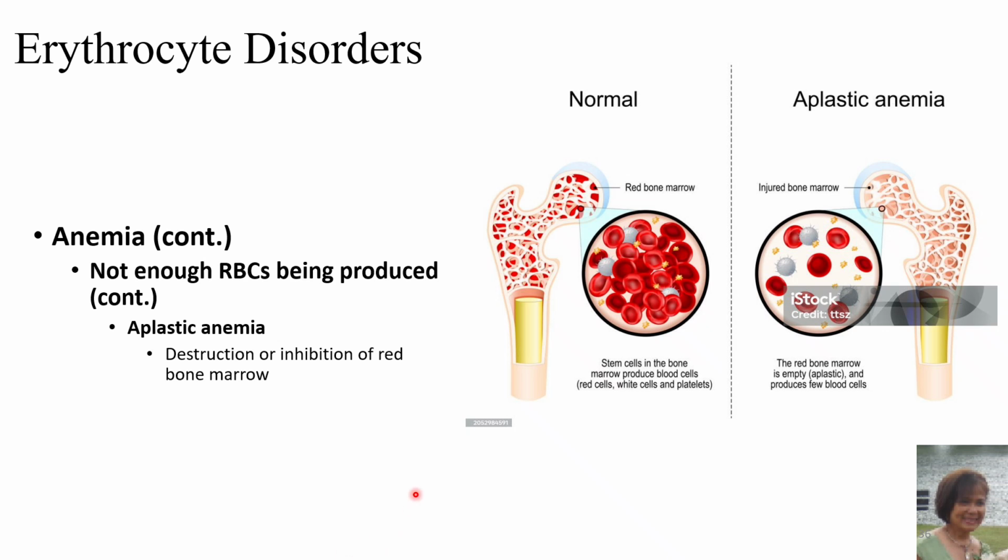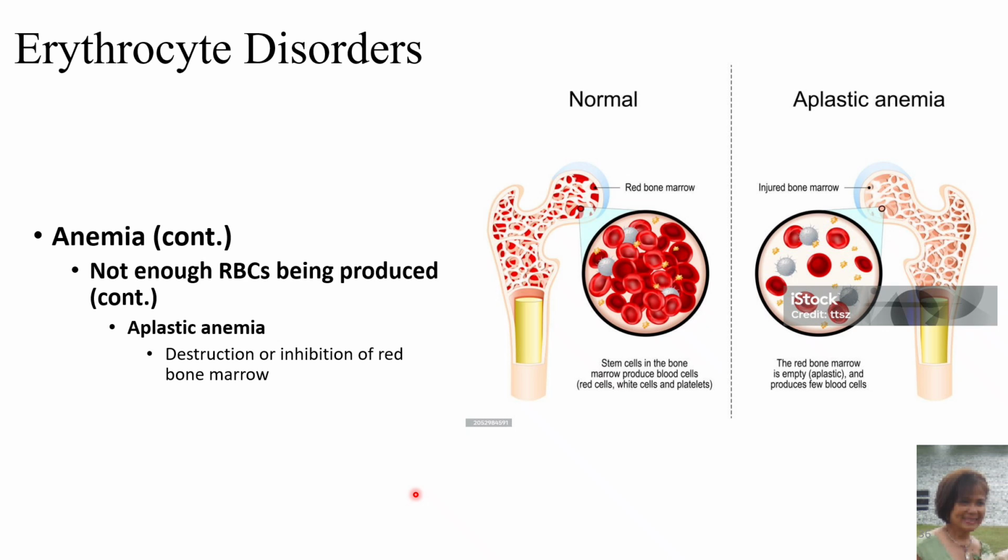The next one that can bring about not having enough red blood cells being produced is aplastic anemia. Aplastic anemia is the destruction or inhibition of the red bone marrow. If your red bone marrow is destroyed, it's not going to be able to do its job of producing blood cells.